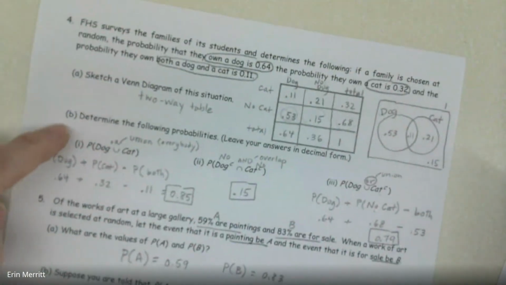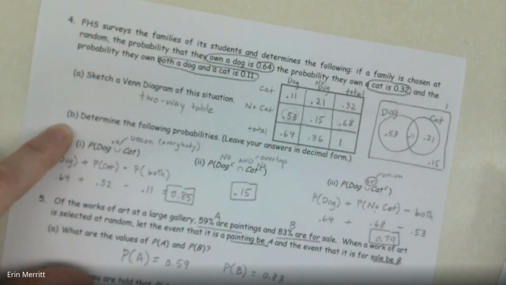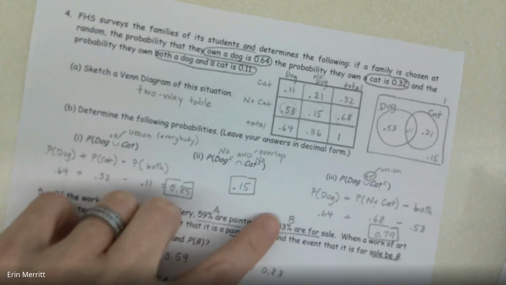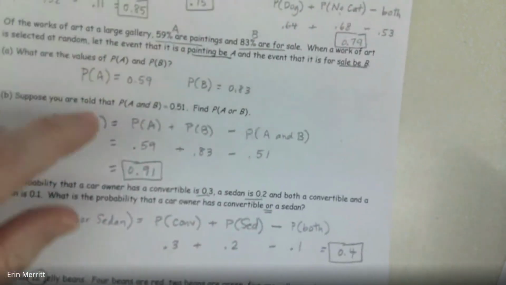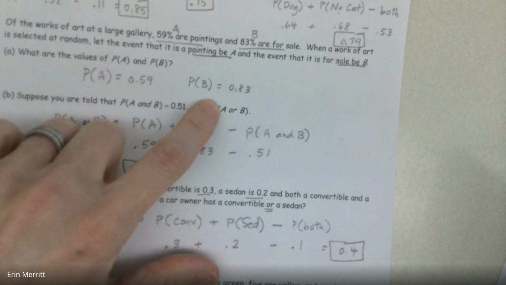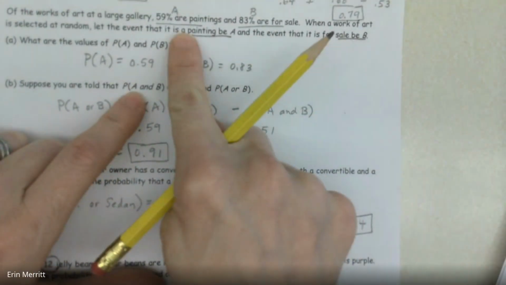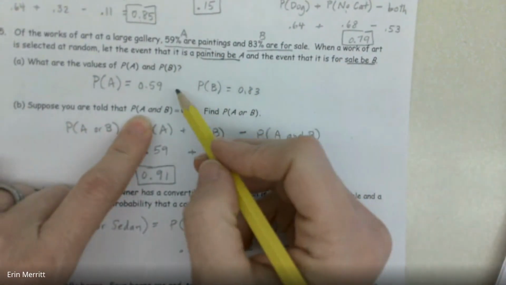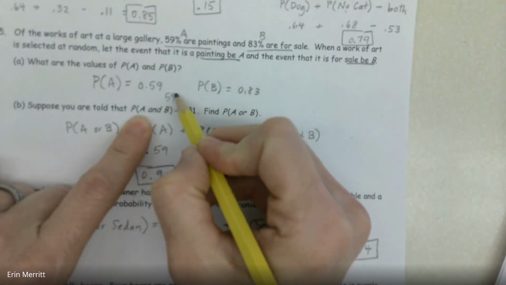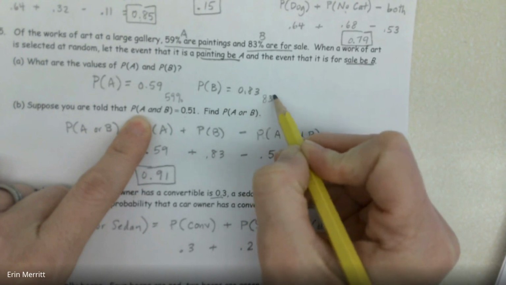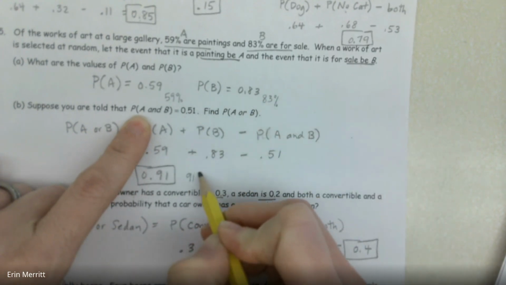We did our charts. Part B is 0.85, 0.15, 0.79, 59, 83, 91. Cool. And this is a case where since they're given as percents, it's okay if you listed them as percents. So if you said 59%, 83%, and 91%, it would be okay.